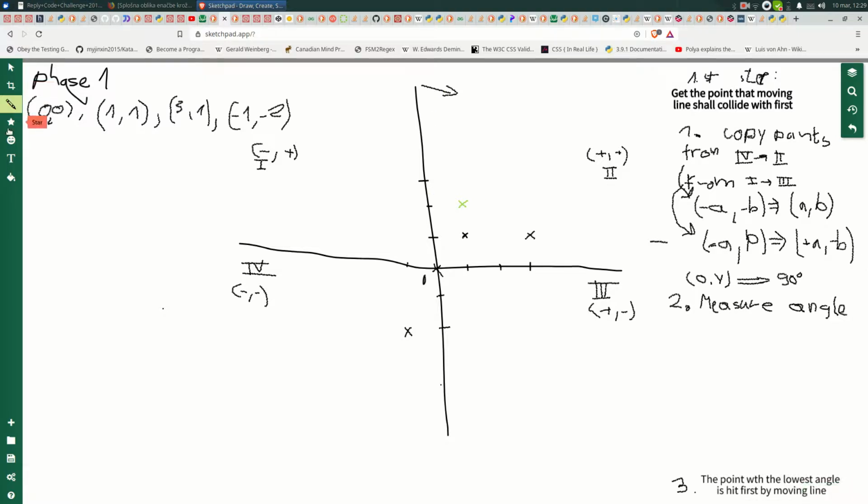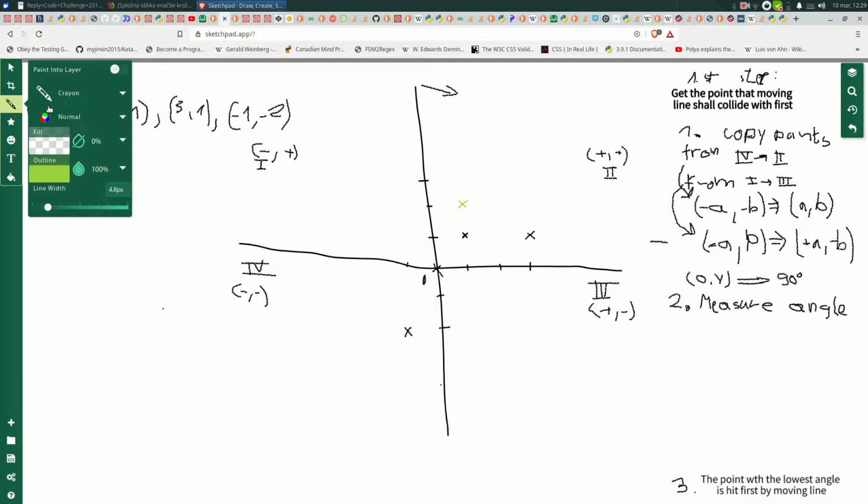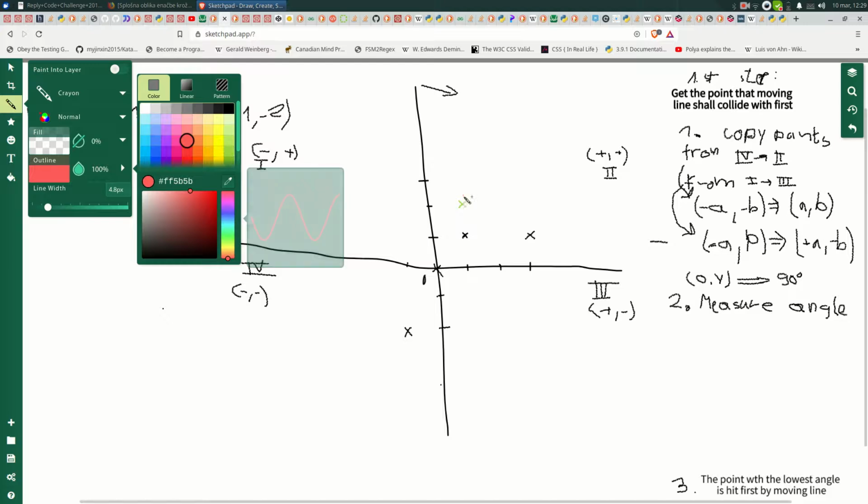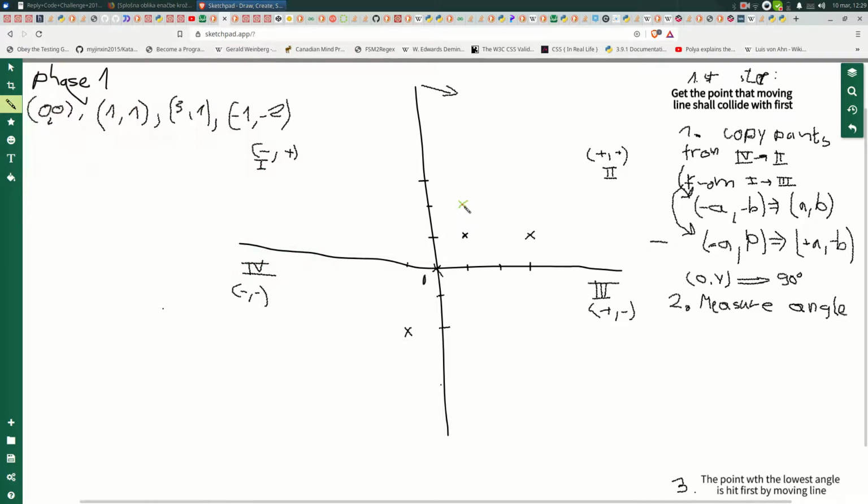And so what shall happen with this moving one? This is copied, and this is for the angles. It shall hit here, so the line shall be tilted like so, creating an angle over here, an angle alpha.